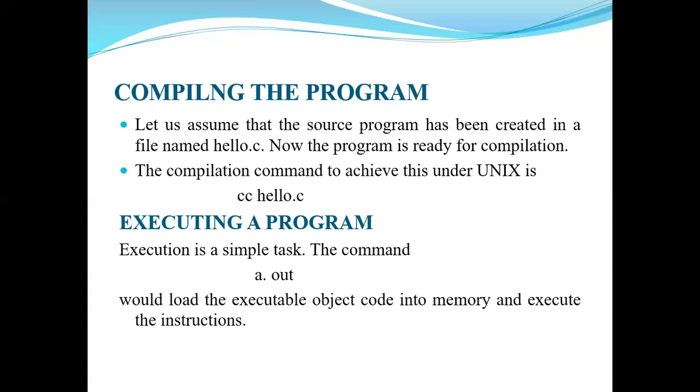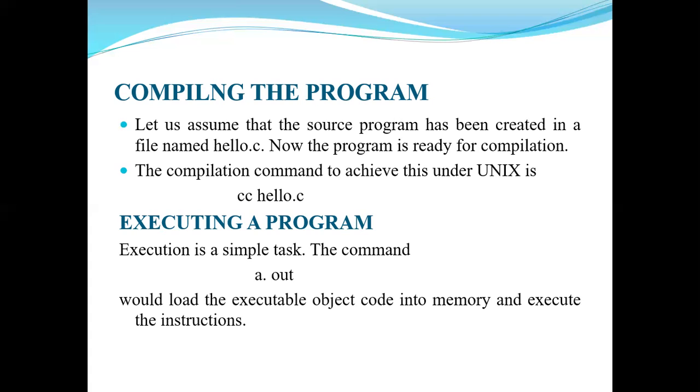If everything is all right, the compilation proceeds silently and the translated program is stored in another file named hello.o. .o stands for object code. If the compilation happens smoothly without any syntax errors, then hello.c is converted to hello.o. This program is known as object code.